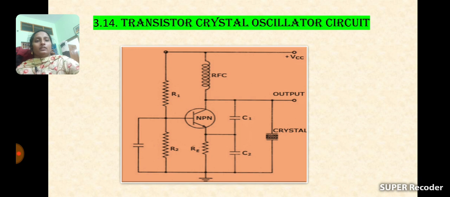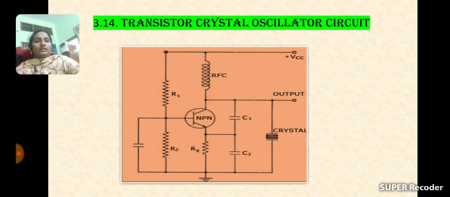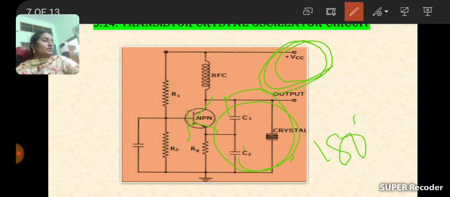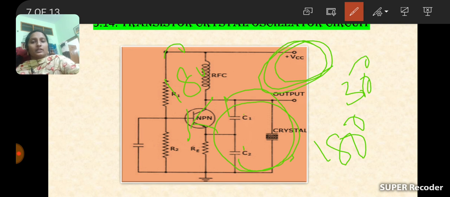So when the supply voltage VCC is switched on, a small amount of voltage will be produced by the amplifier and given to the tank circuit because of capacitor charging and discharging. The quartz crystal develops mechanical vibrations and produces a 180 degrees phase shift, and the amplifier circuit produces a 180 degrees phase shift. A total of 360 degrees phase shift is produced in the circuit.